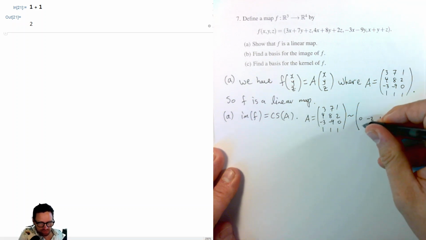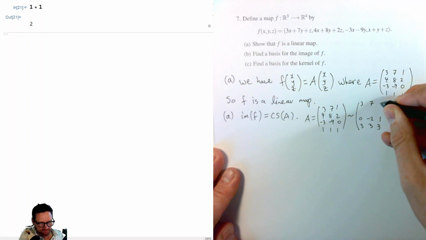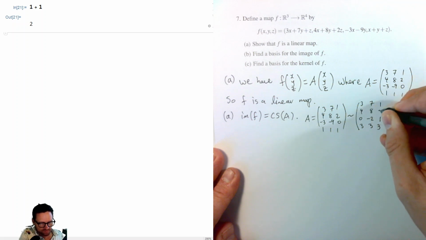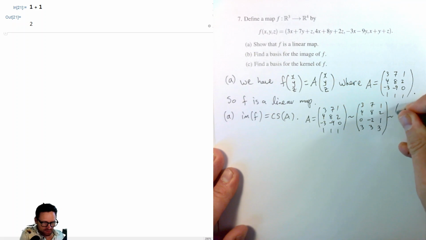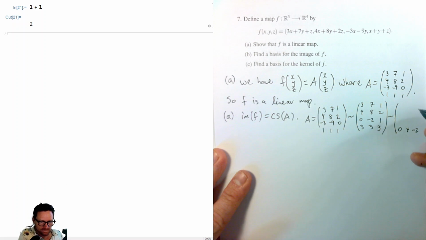Now let's multiply row 4 by 3 in preparation for what follows, which is to replace row 4 with row 1 minus row 4. We'll replace row 3 with 2 times row 3.